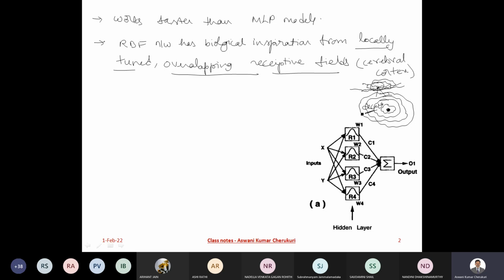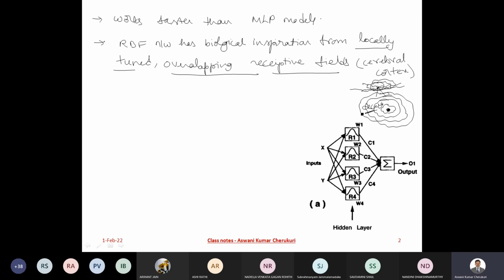Now this is one typical example. Similarly, when you look at the human brain, whenever you look at certain activity, parts of the human brain get activated, and not only that particular part, but also the surrounding parts.